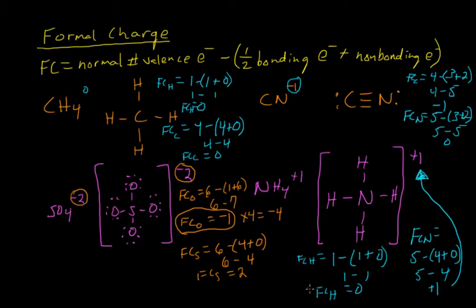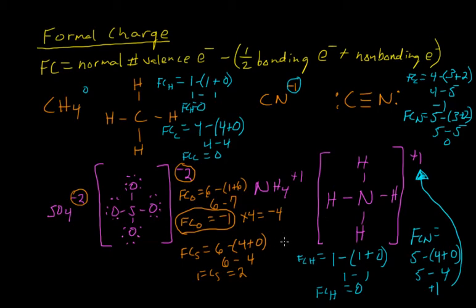One thing I want you to be careful of, though: hydrogen is often going to have a formal charge of 0. I'm reluctant to say that it will always be 0. There may be other exceptions where hydrogen doesn't have a formal charge of 0. I can't think of any off the top of my head that you would actually see in this class, but just keep aware that hydrogen isn't always going to be 0, so it's a good idea to go ahead and calculate what hydrogen is going to be.